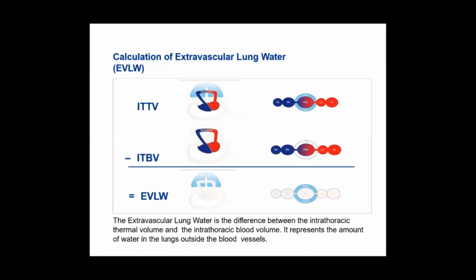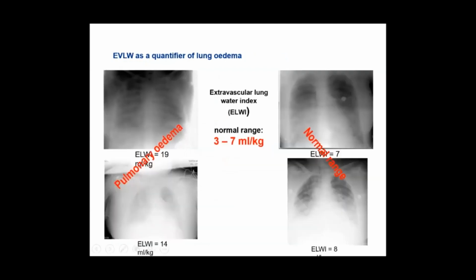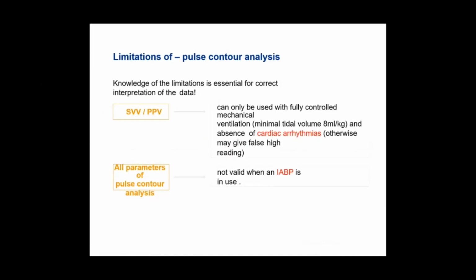It represents the amount of water in the lungs which is outside the blood vessels. So we see here the extravascular lung water index, the normal range. On the right side of the frame, we see the X-ray of a patient who has an extravascular lung water index in the normal range. On the left side of the frame, we see obvious pulmonary edema, and the patient's extravascular lung water index was outside the normal range, higher than the normal range.